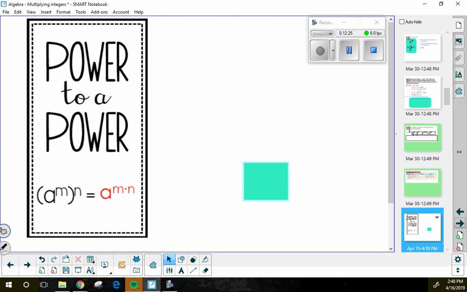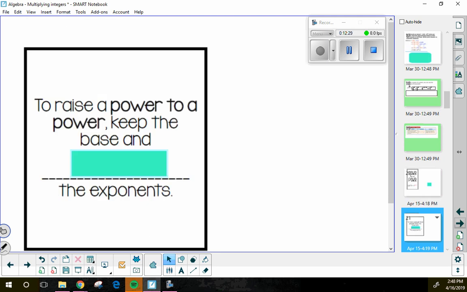So flip your foldable up, and you're going to see this. It says to raise a power to a power, keep the base and multiply the exponents.